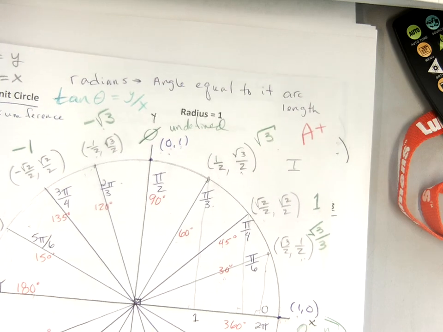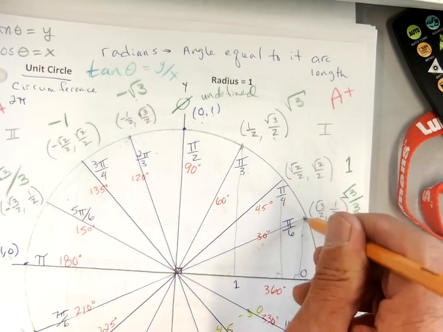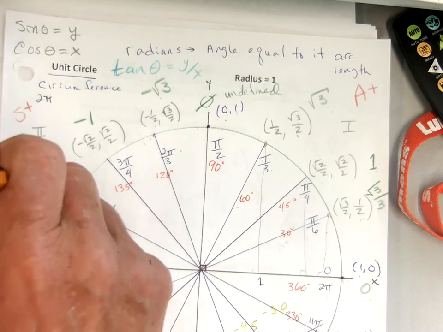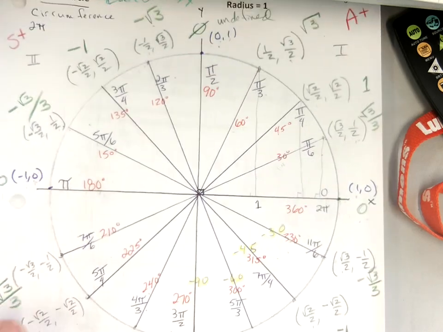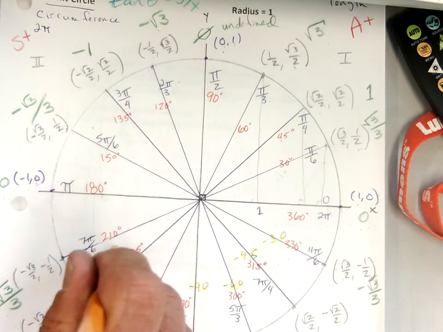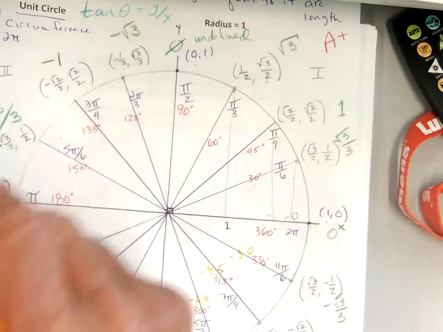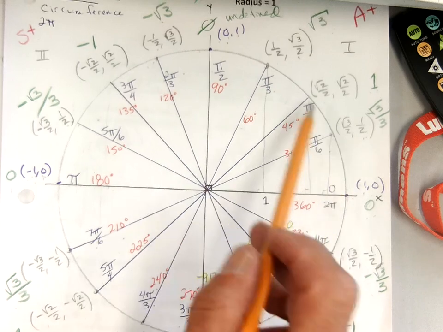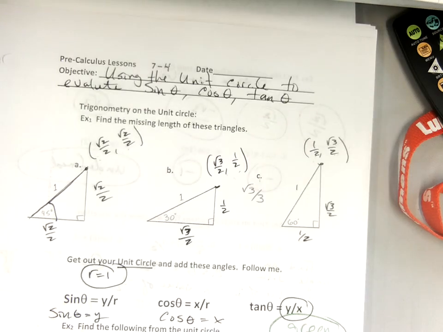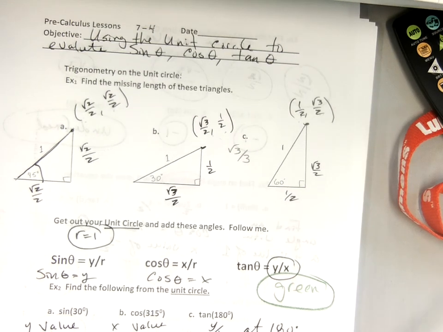We put those in our unit circle too: tangent of 30, 150, 210, and 330. So I put all my tangent values on my unit circle in green, okay?